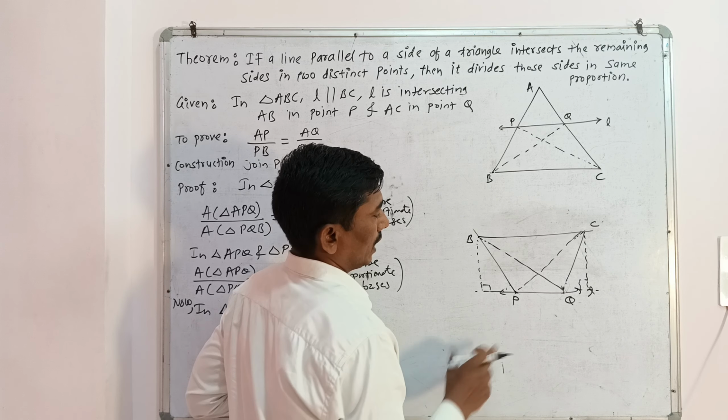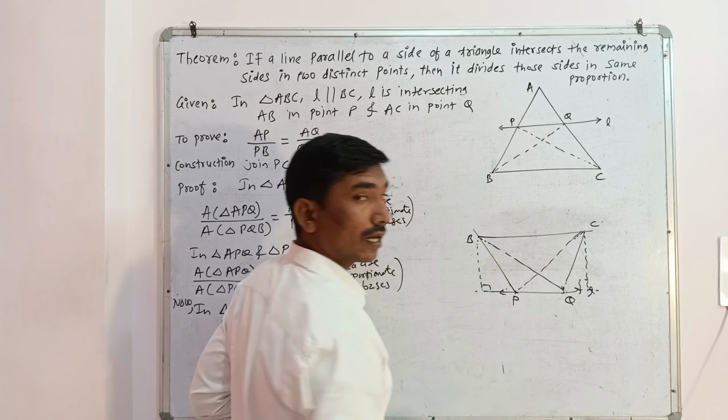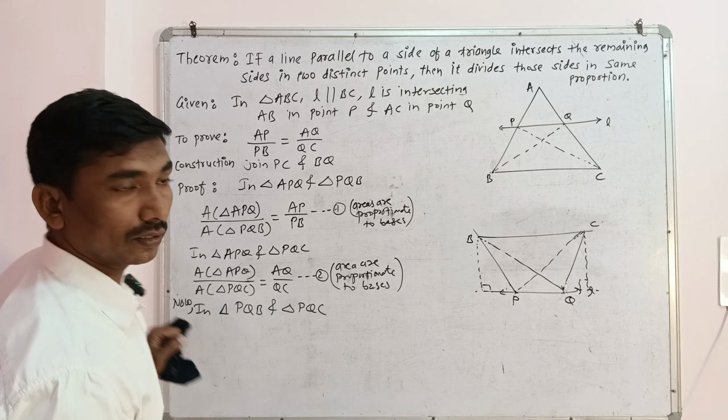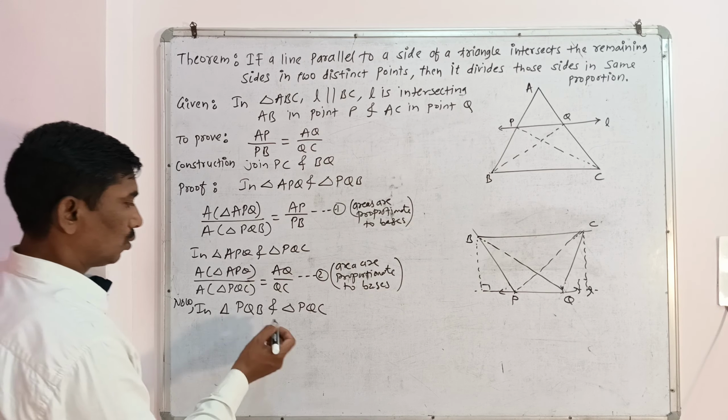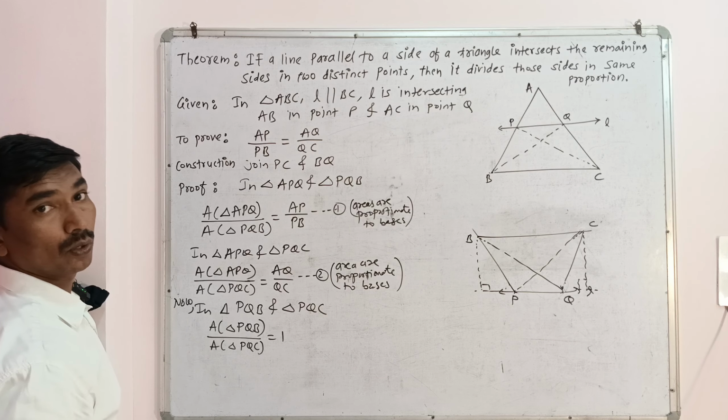But in both the triangles PQB and PQC, the bases are also common. So these are the two triangles with same base and same height. So area of triangle PQB upon area of triangle PQC will become 1.